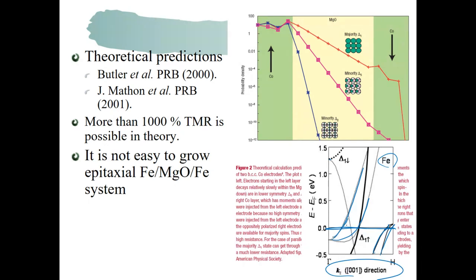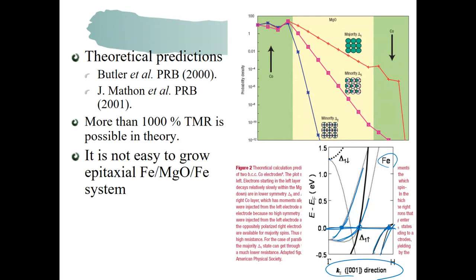Even though this down band has a crossing here, the spin up band has something here. So there is non-100% spin polarization. So in an aluminum oxide layer, all of this band structure is mixed.